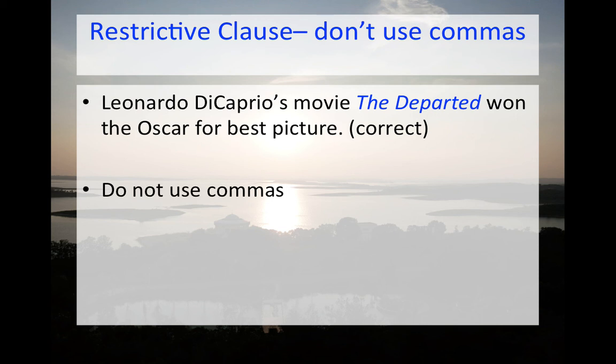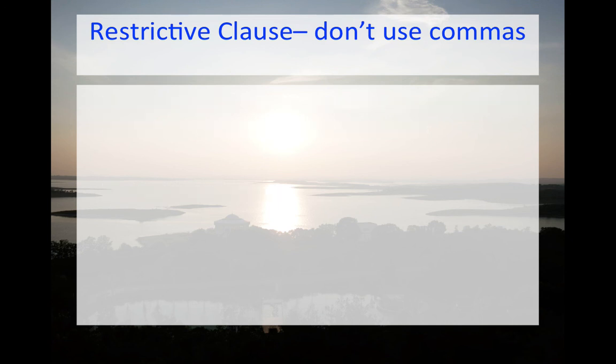The reason we have to have the adjective clause, The Departed, which modifies movie, is we have to know which Leonardo DiCaprio movie won the Oscar. It is essential to know that it was The Departed and not Gangs of New York or Catch Me If You Can that won the Oscar. In this case, the adjective clause is essential to a further, more complete understanding of the sentence.